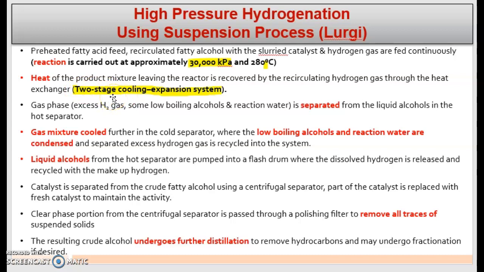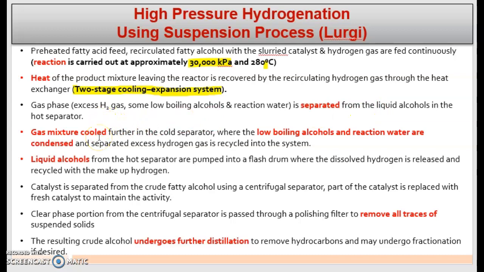So our remaining hydrogen gas will be recovered. The process is called a two-stage cooling expansion system. Okay, this gas phase, which contains the excess H2 gas, some low boiling alcohol and also reaction water, will be separated from the liquid alcohol in the hot separator.